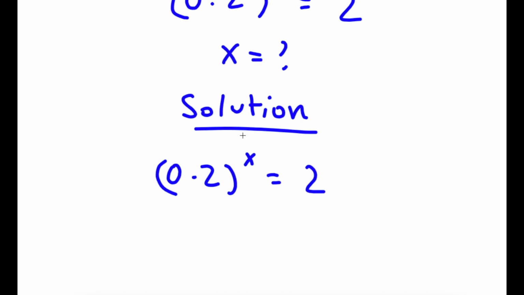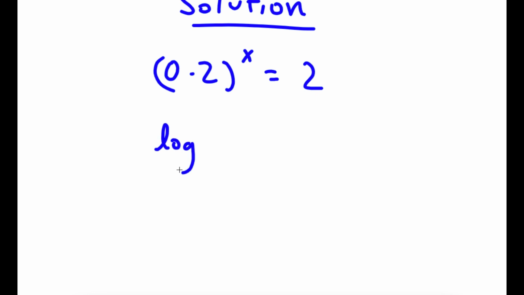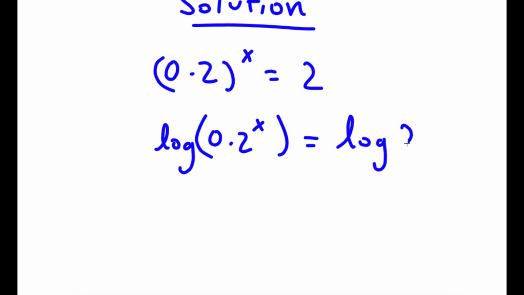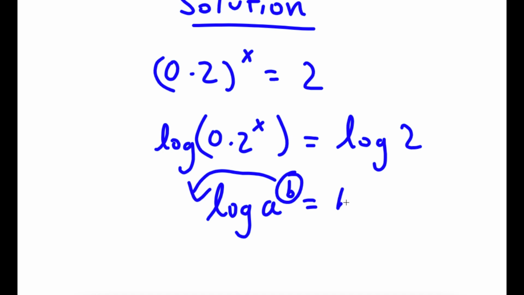Now I'm going to take the log on both sides. So I have log 0.2 to the power of x is equal to log 2. And if I have something in the form log a to the power of b, I can actually move this exponent b to the front. So this can equal b times log a.